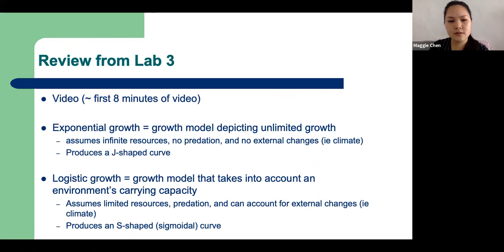It will look a little different from the equation we looked at last lab, but it's the same variables in a different notation. We're going over exponential growth, and it's a review from logistic growth. I will now share that video, and you can also find it under lab 4.